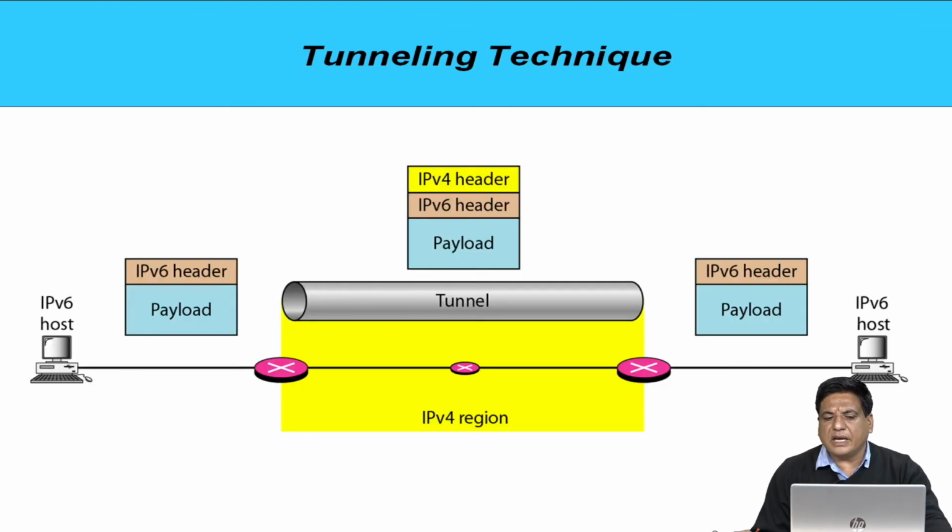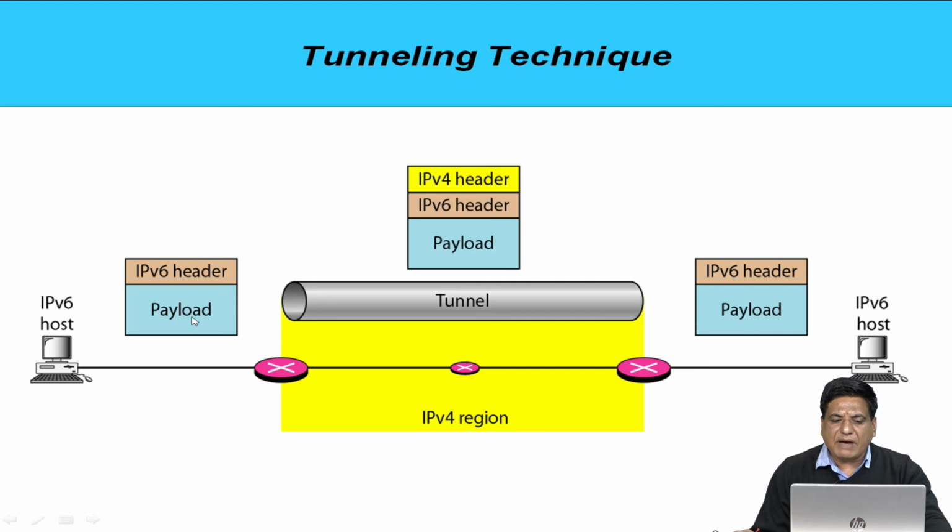In the tunneling technique, our host will use the IPv6 address, and our destination is also using the IPv6 address. In between, we have a certain number of networks which will use IPv4 regions. So here the first router of the IPv4 region will perform the encapsulation. Encapsulation means it will add one more header over the IPv6 header.